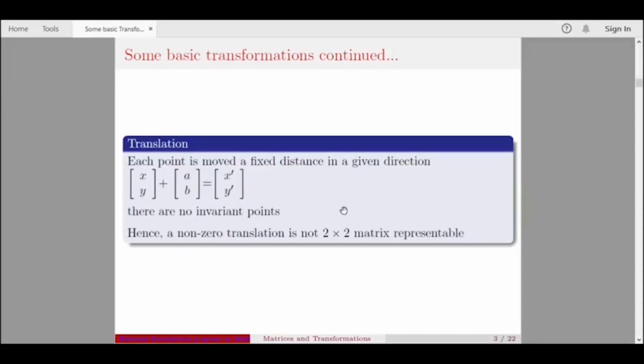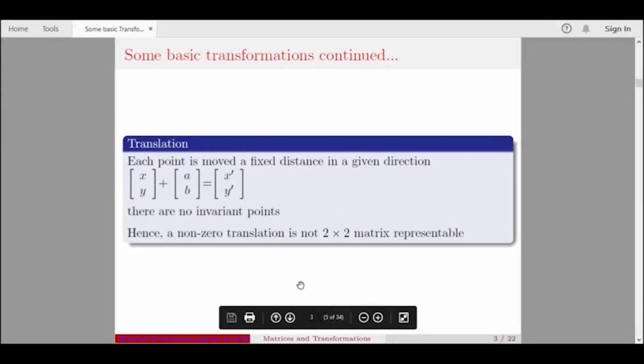In the last session we said that a transformation will be representable by a 2 by 2 matrix if 0 is the invariant point. But here there are no invariant points in translation. It means that a non-zero translation is not 2 by 2 matrix representable.